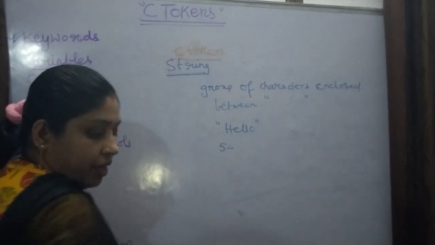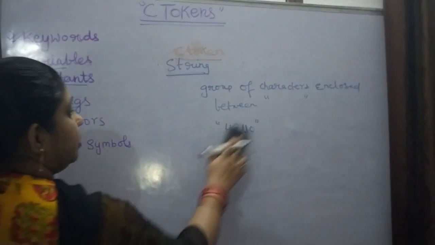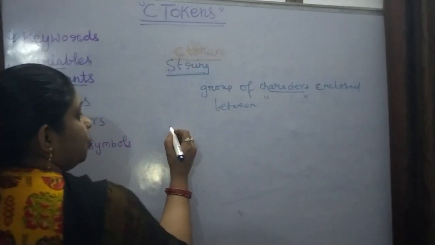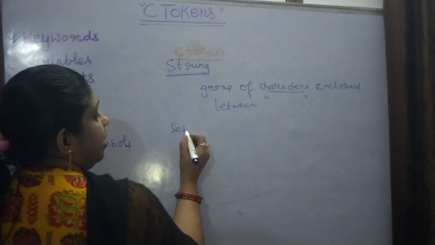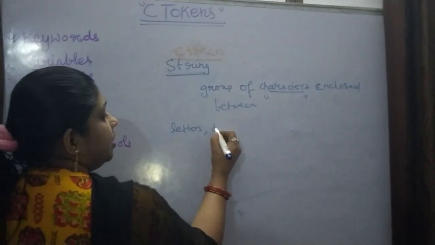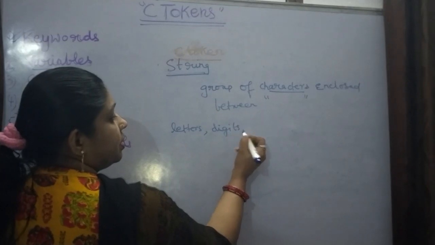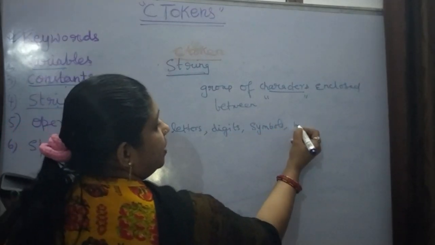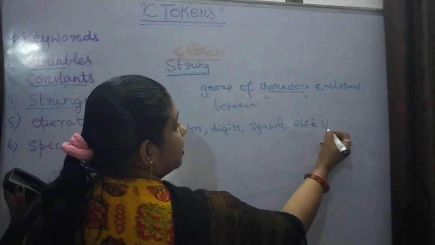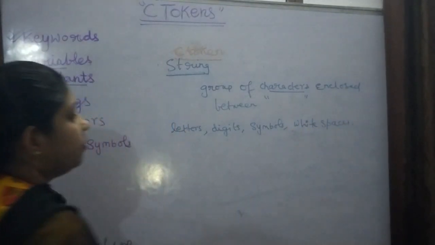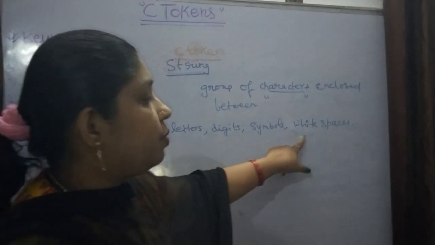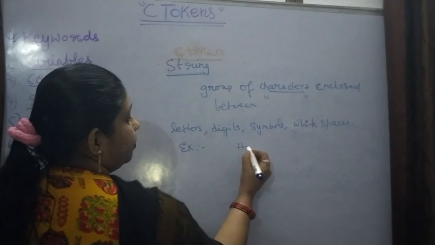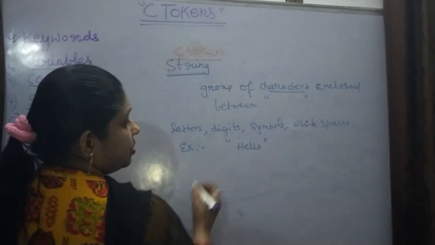Now, one more thing I have to explain here. These characters include what? Alphabets, that is letters, digits, symbols, and even white spaces. Okay? Letters, digits, symbols, white spaces. For example, hello, in double quotes.